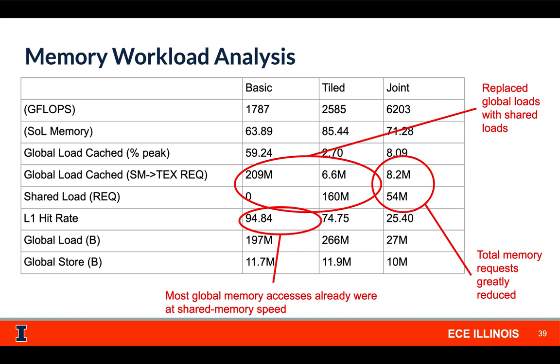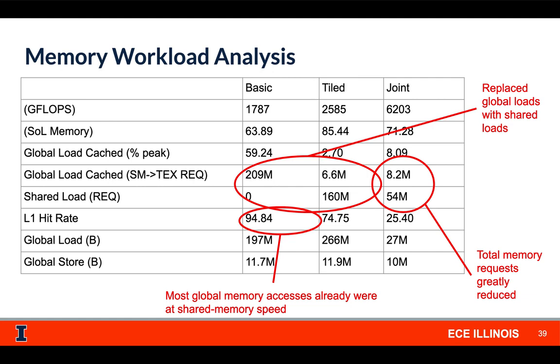And actually, in the next two rows, 4 and 5, you can see that. So the number of requests from basic to the tiled multiplication drops from 200 million to 6 million. And the joint matrix multiplication is only a little higher at 8 million. And similarly, you can see that the bulk of that difference comes from shared memory requests. So we've basically turned global memory requests into shared memory requests.